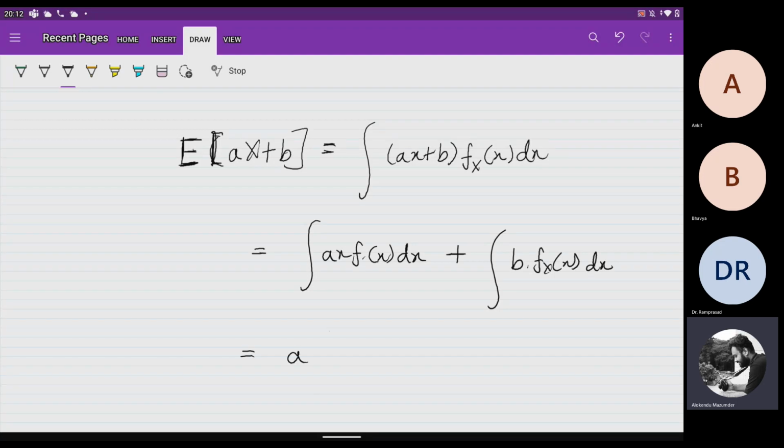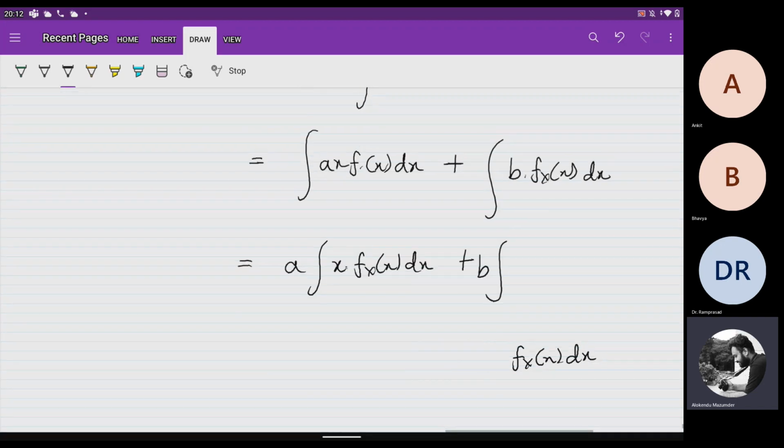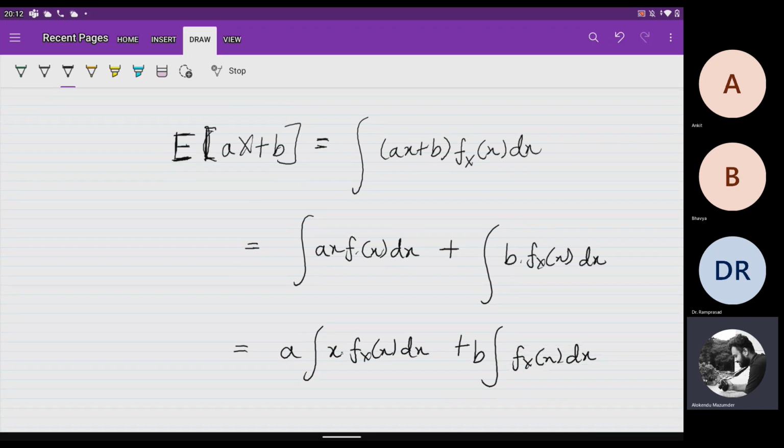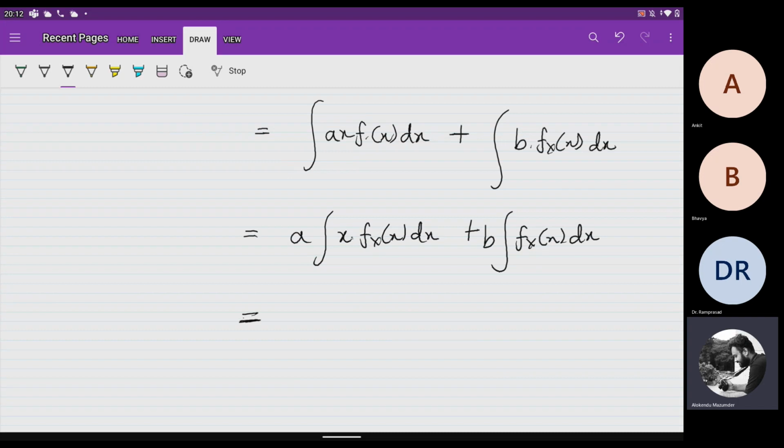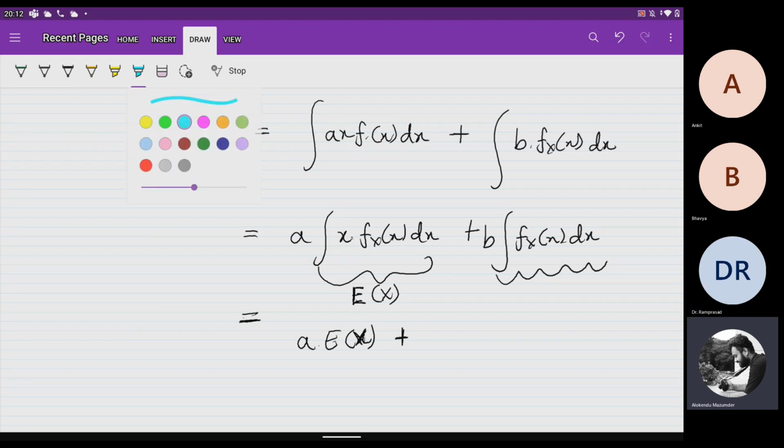Now as a is constant, b is also constant. This will be expectation of x, right? So it will be a times expectation of x plus, what will be this integral? Yeah, this integral will become 1. So it will be b.